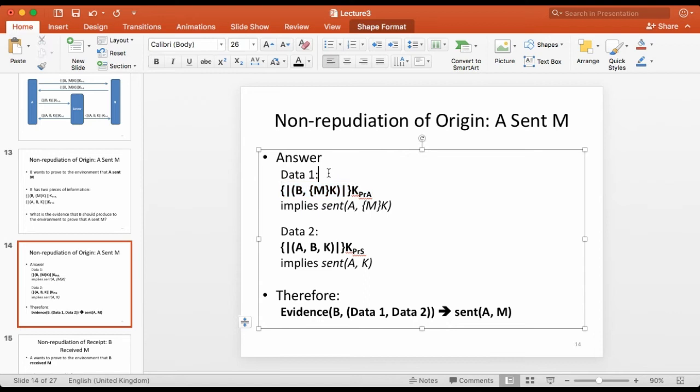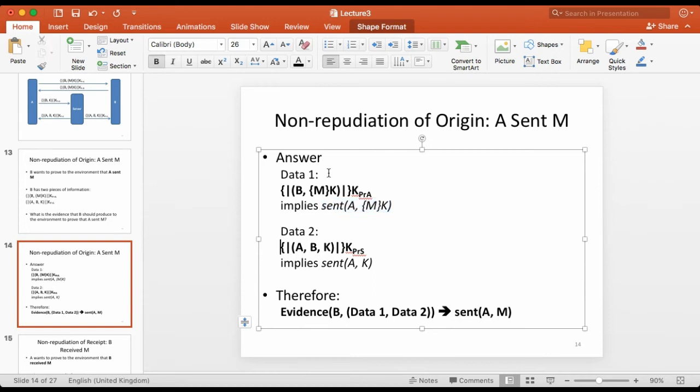So A is basically attesting to the fact that it is the one who sent this encrypted message M to B. So that's the first piece of evidence, or the first kind of conclusion.